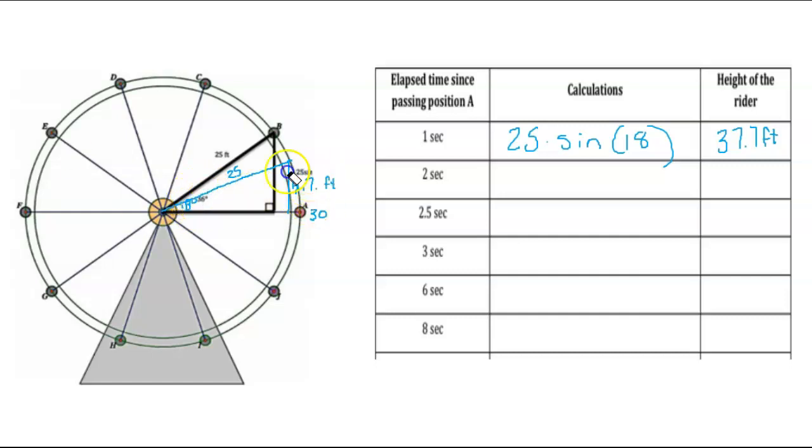Well, that was one of the triangles that we figured out yesterday. So after 2 seconds, we know that we have gone 36 degrees, when we do 25 times the sine of 36, that was the one that we figured out yesterday, it was 44.7 feet, because this turned out to be 14.7.